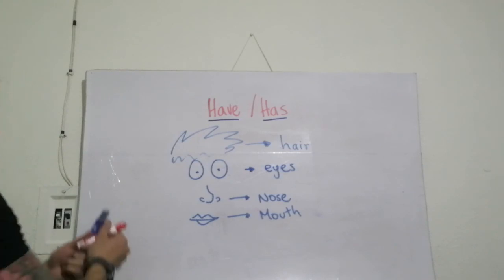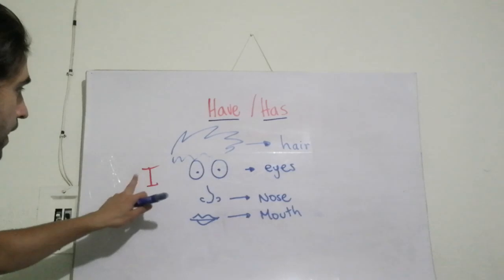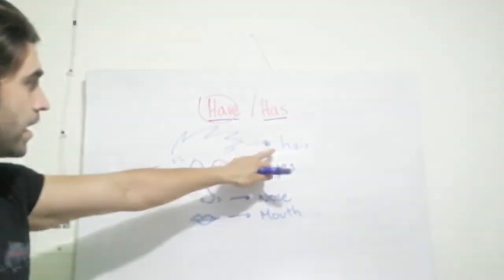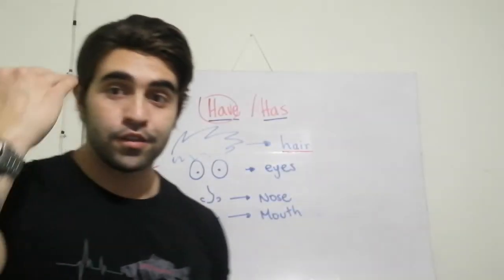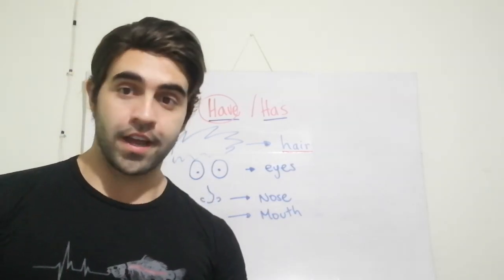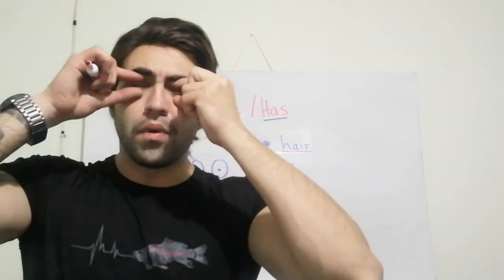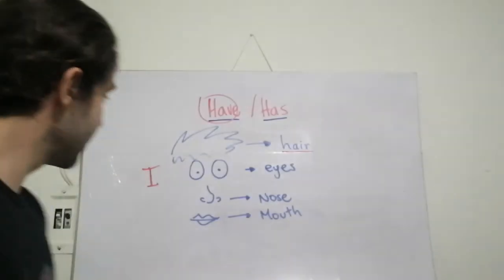Right? Now, this is just an example. I can say I have hair, or I have short hair, or long hair. I have small eyes or big eyes.